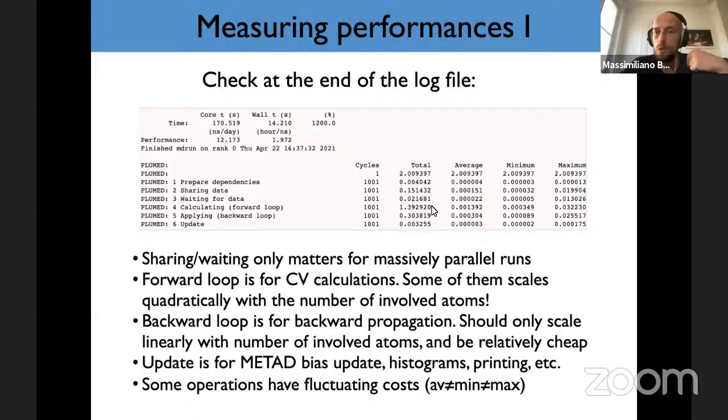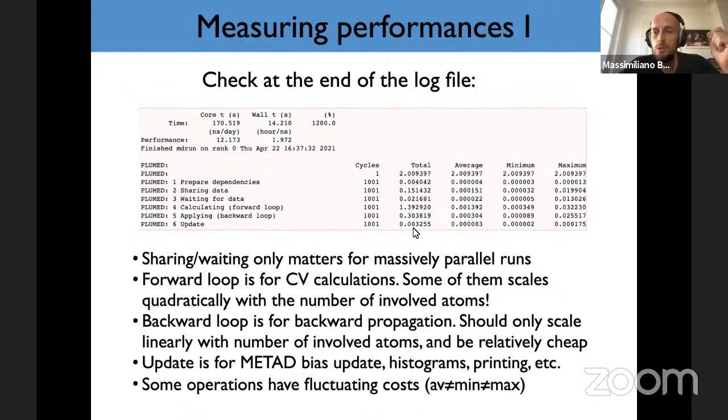Usually the backward loop, which is the propagation, should scale linearly with the number of atoms, but still might be expensive. And finally, certain variables need an update. For example, metadynamics is time dependent, so it needs to do from time to time an update operation.